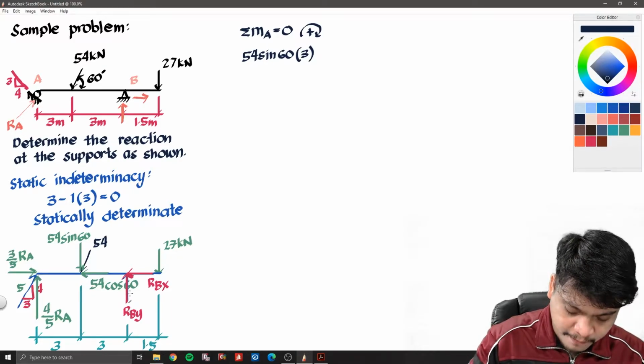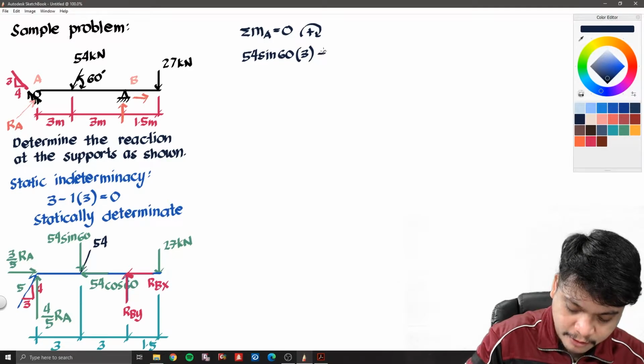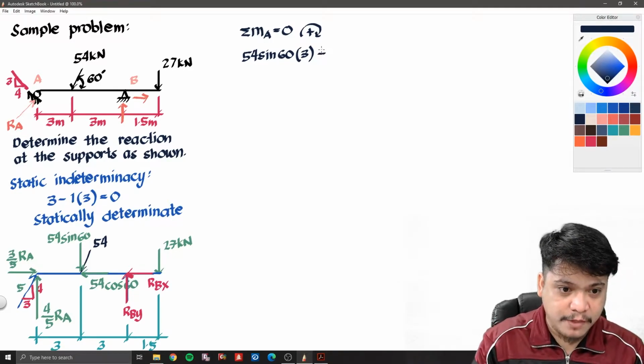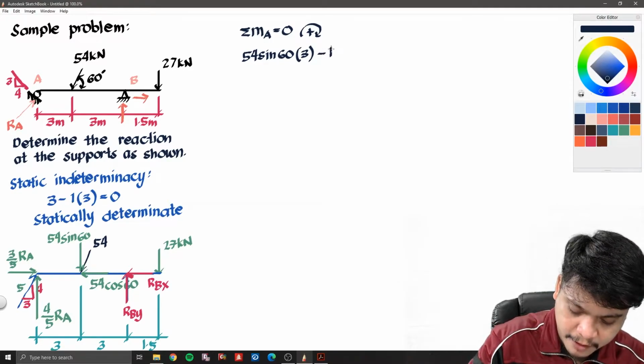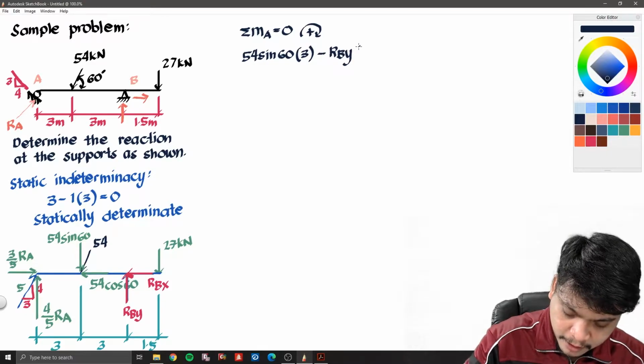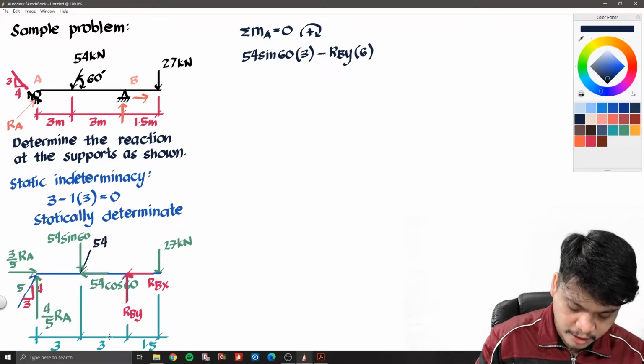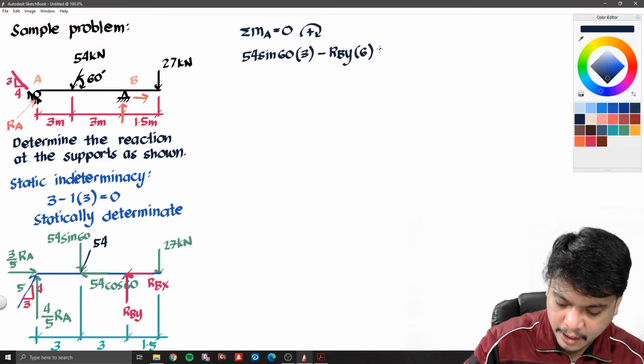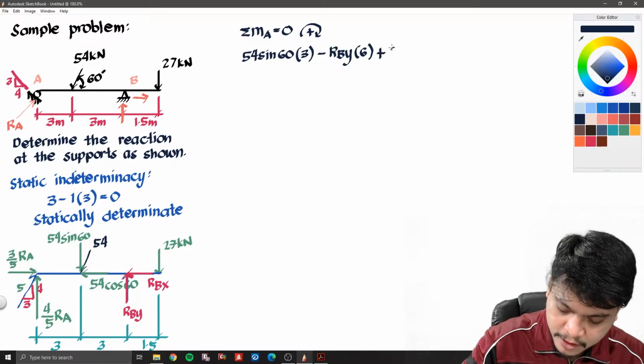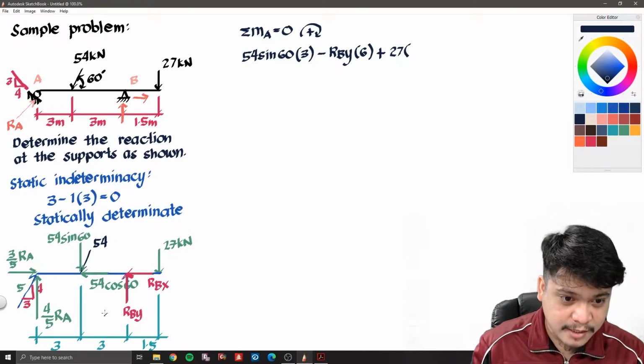Okay, pero itong RBY, we will be having here minus, because it will turn your beam counterclockwise. So you will be having here RBY, and then multiplied it by its moment arm, total is 6 from point A. So 3 plus 3. And then lastly, you will be having here plus 27, multiplied by 3 plus 3, 6, so 7.5.